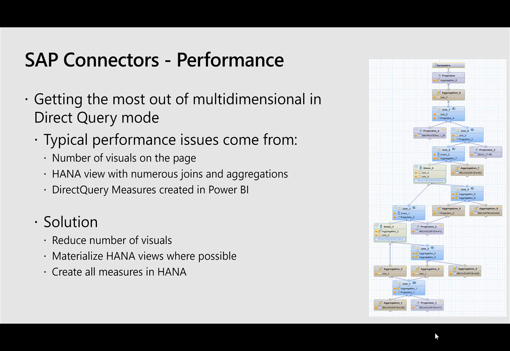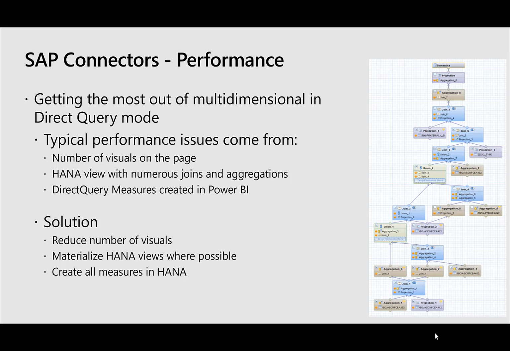Another one might be when you do direct query, our direct query measures are created in Power BI. Which means when you are retrieving the data and doing things like adding a new column or a distinct value, all that data needs to be returned to Power BI and aggregated inside Power BI, which means Power BI becomes the source where it needs to do all this aggregation work.